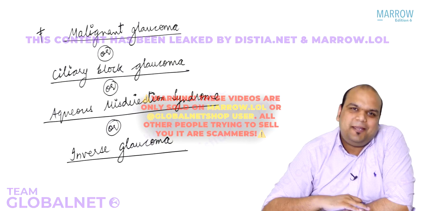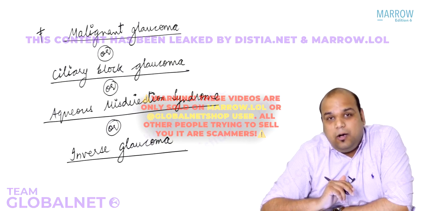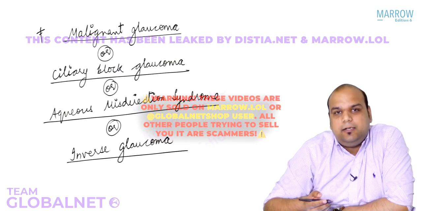One condition, four names, guys. Malignant glaucoma or ciliary block glaucoma or aqueous misdirection syndrome or inverse glaucoma. Each name has something important to learn.